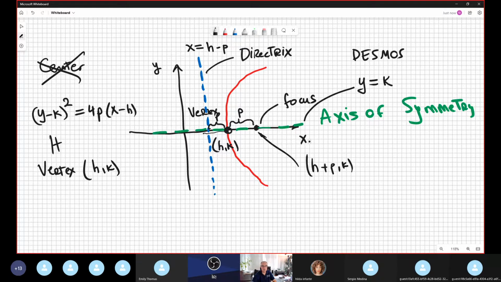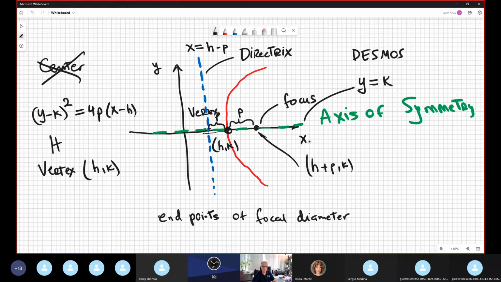Important. So when you plot the parabola, you need to plot the axis of symmetry, directrix, vertex, focus, and two more points. The name of these points is endpoints, plural, of the focal diameter.